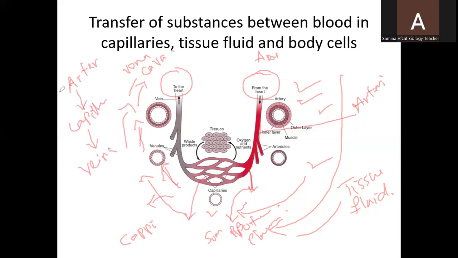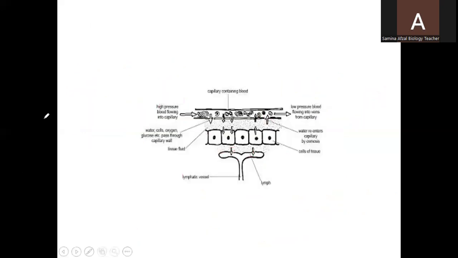So in this way, the transfer of substances between blood in capillaries, tissue fluid, and body cells will take place. Exchange takes place in the capillaries, due to the difference in the pressure of these blood vessels. Now I will explain this. I already told you that low pressure blood is flowing into the veins from capillaries.